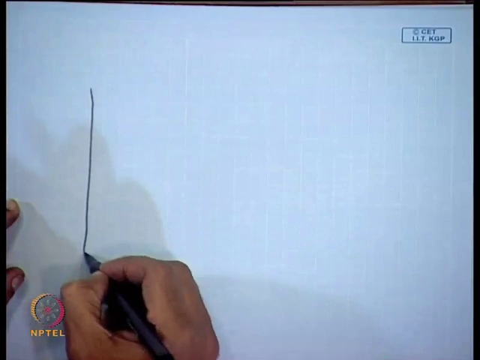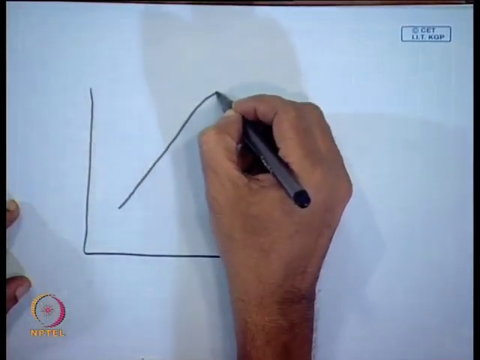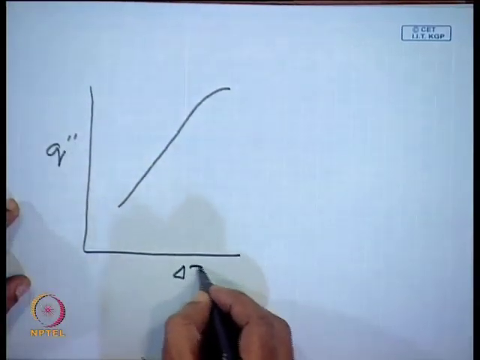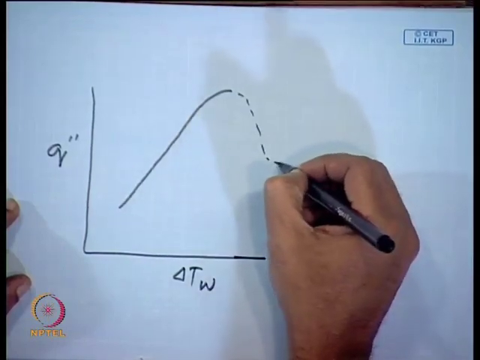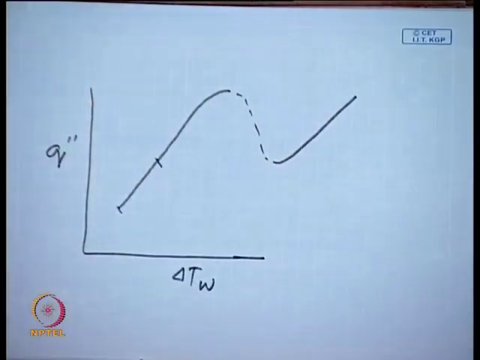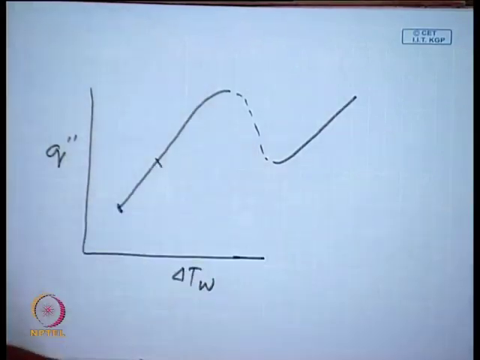So, this brings us to the end. If we again look back at the boiling curve, delta T W, somehow this portion we have done relatively with ease.